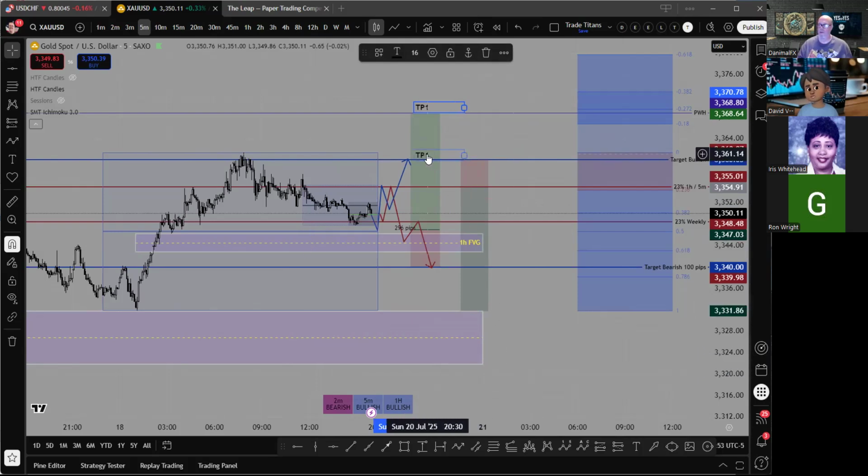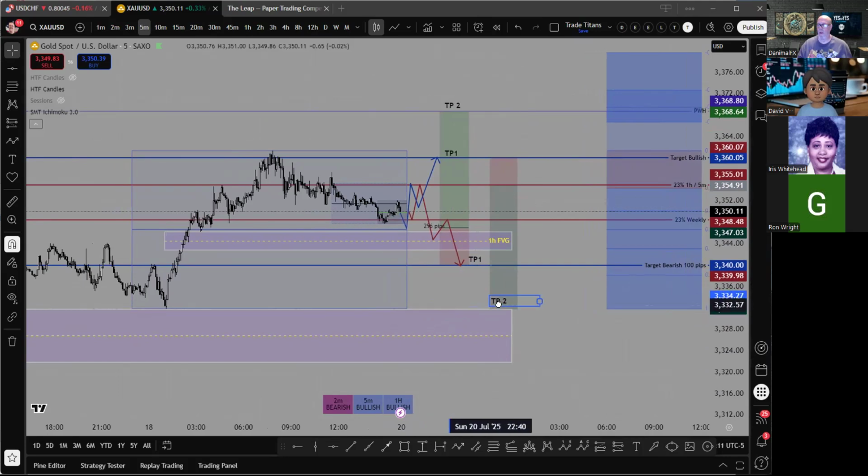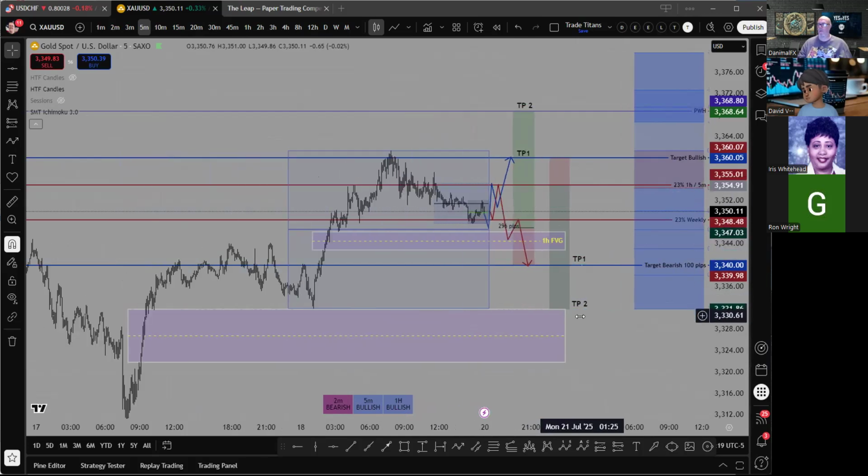And then if we go the other direction, we got TP1. I'll drag them both. TP1 will be here, and TP2 will be down here. Boom. All right, makes sense.